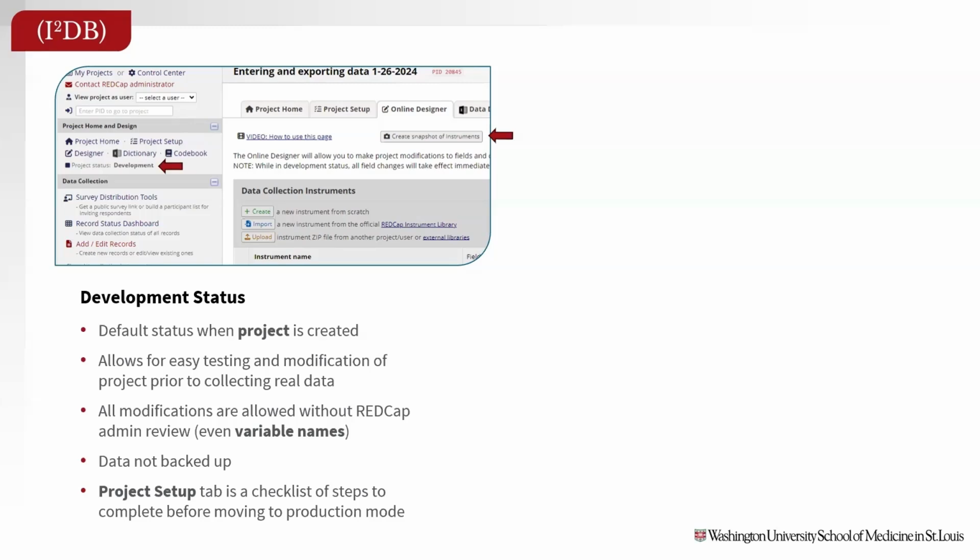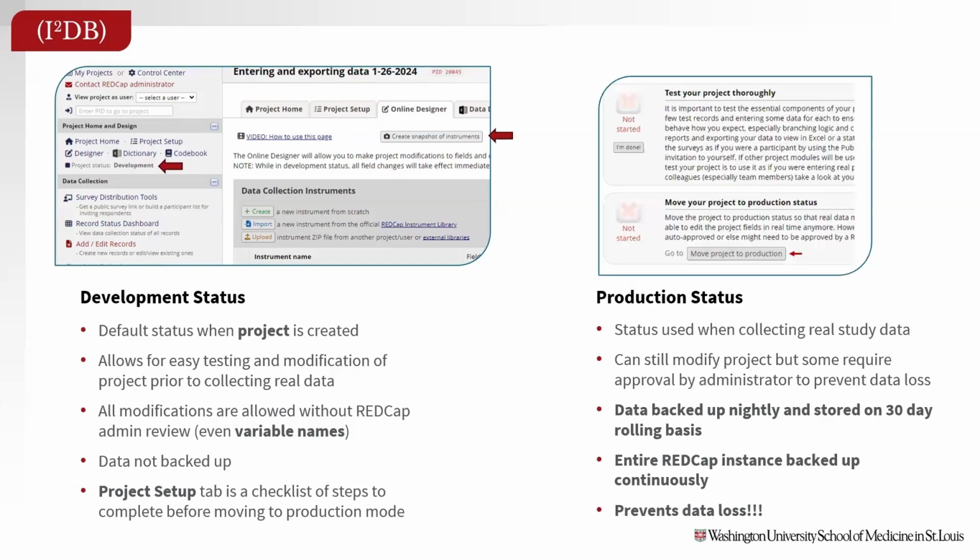You can also create a project in development mode if you've got an ongoing project and you want to try something but don't want to try it on your project that's in production mode. You can create a development project and try different things there. But once you've done a lot of testing and your project is ready to collect the real data you're planning to collect, you should move to production status.